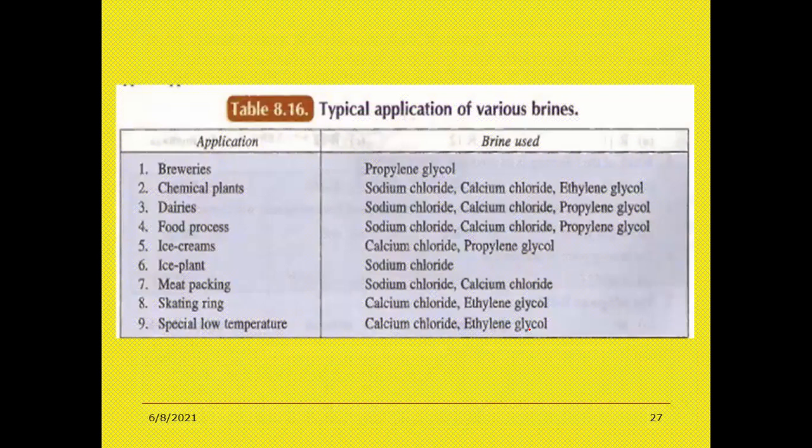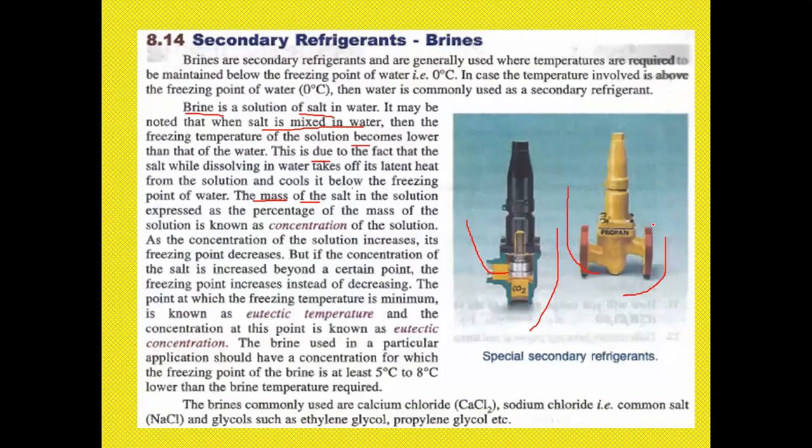If you see the applications of various brines, a brine is a secondary solution used where we need low temperatures, maintained below the freezing point of water. That is where it is commonly used as a secondary refrigerant.